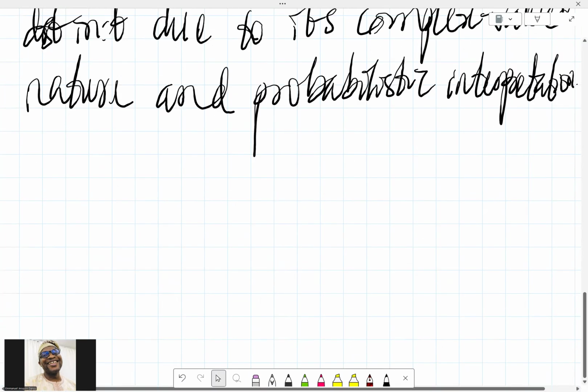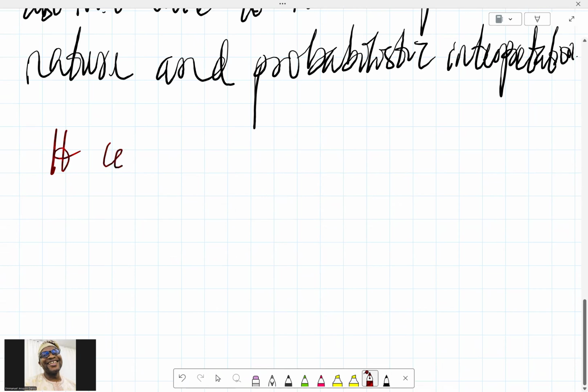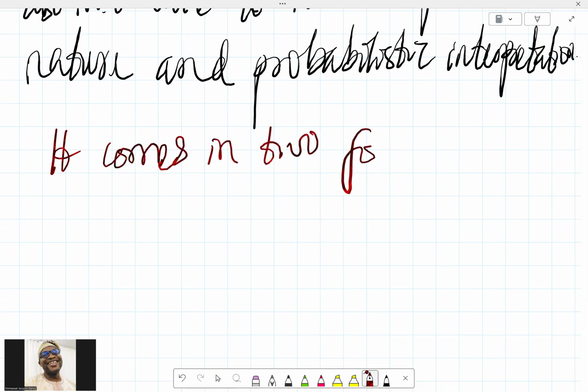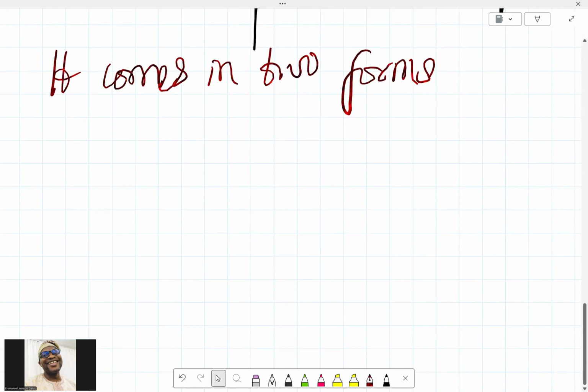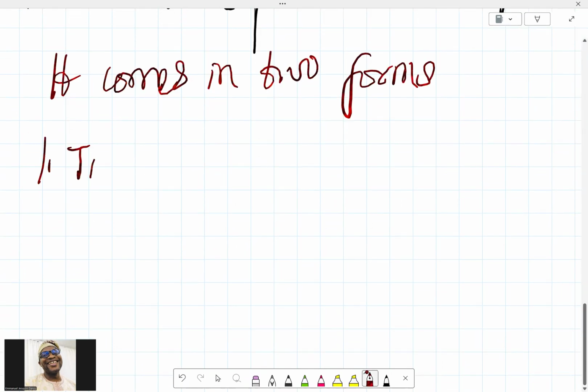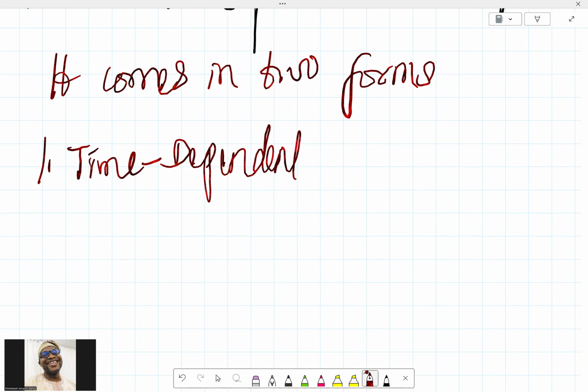Okay, so it comes in two forms. Number one, you have the time-dependent Schrödinger equation.